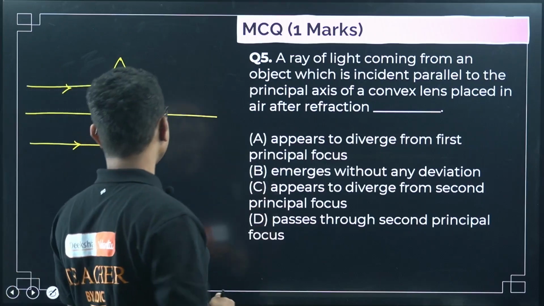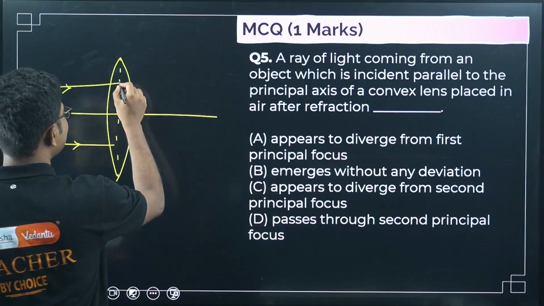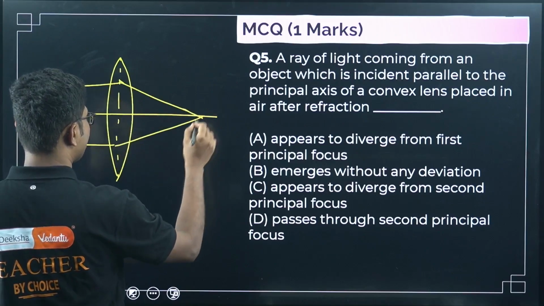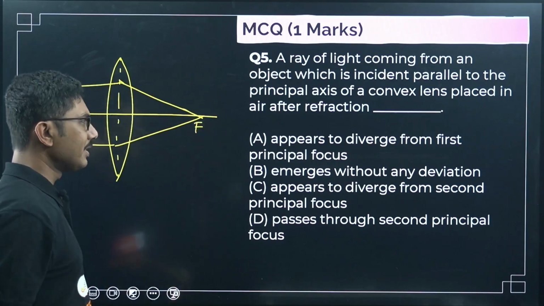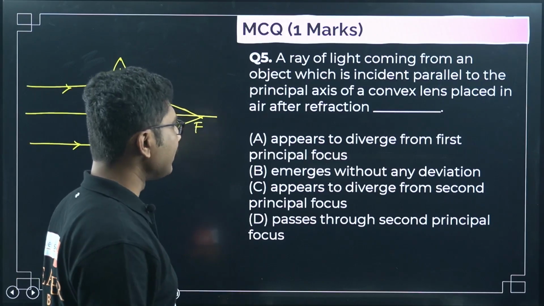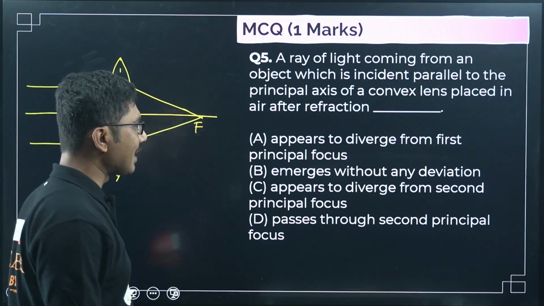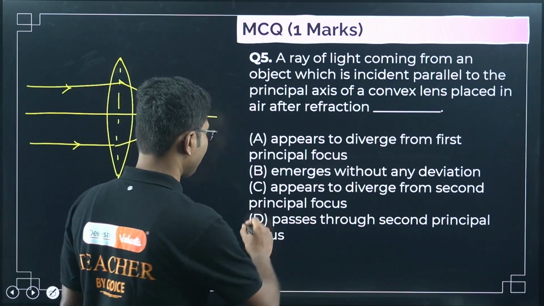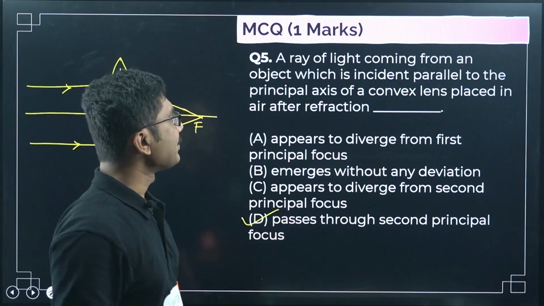So parallel rays are falling on a convex lens. After refraction, they will converge at the focus. Okay, appears to diverge, emerges without any deviation, appears to diverge from the second principal focus, passes through the second principal focus.